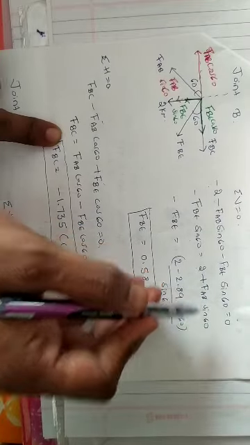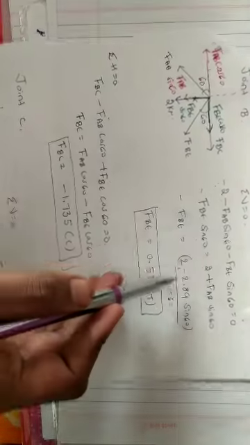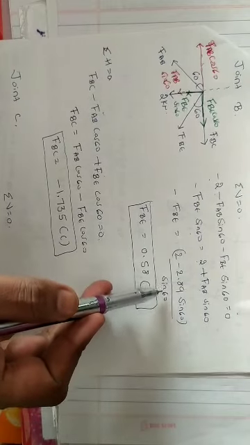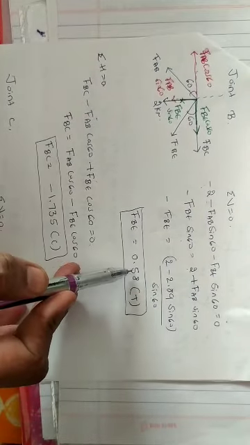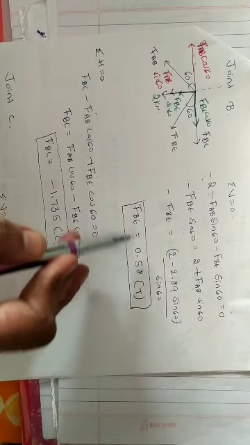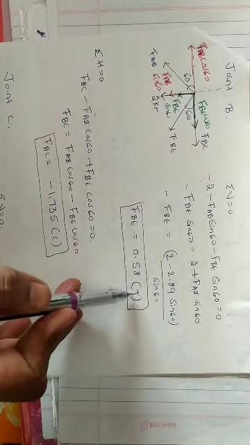FAB we got as minus 2.89. So here it is 2 minus 2.89 sine 60 whole divided by sine 60. So FBE 0.58, we got positive sign. So FBE is equal to 0.58 tension force.